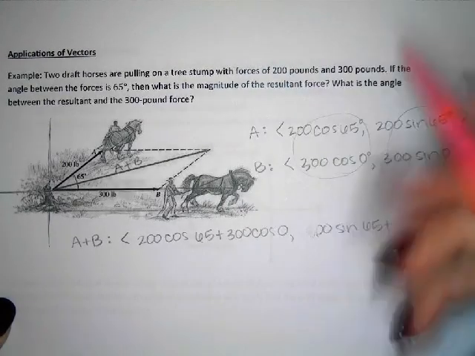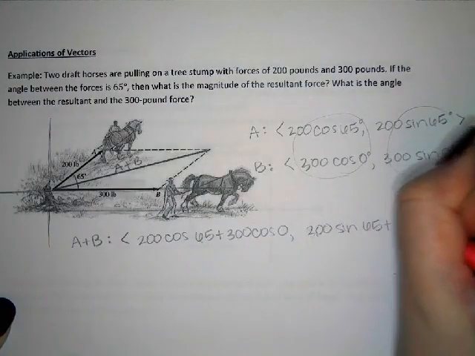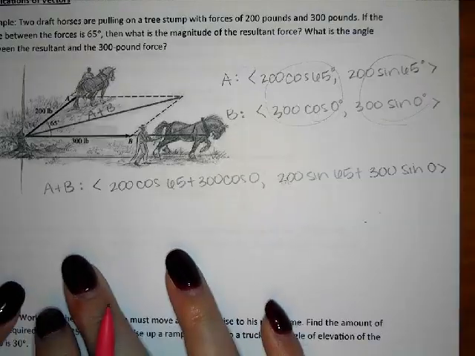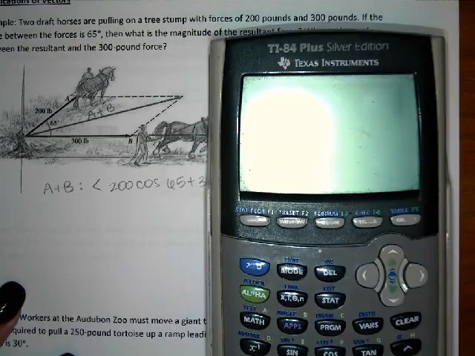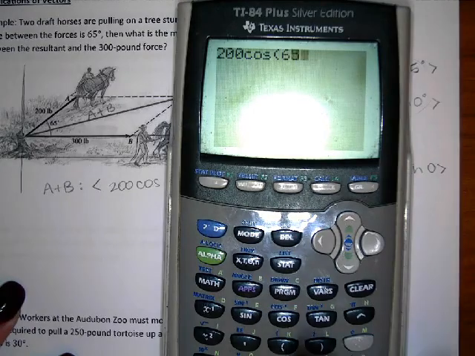I'm going to go ahead and write out these decimal answers. So I got 384.524.